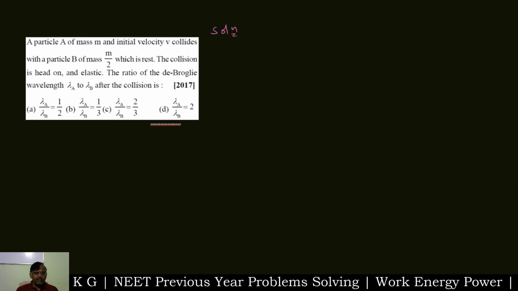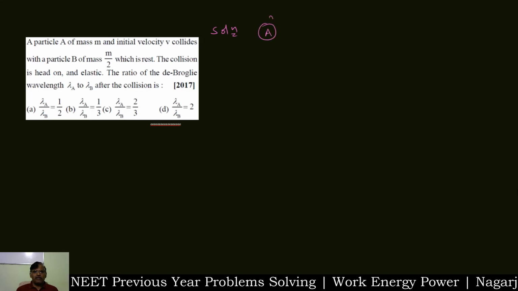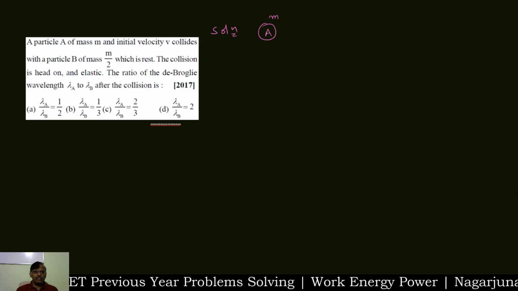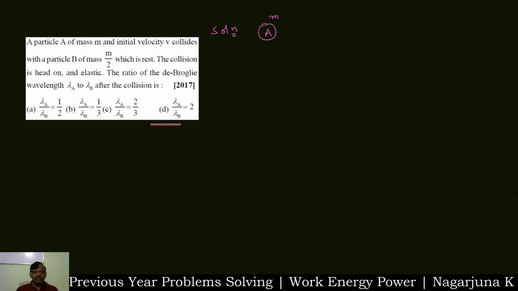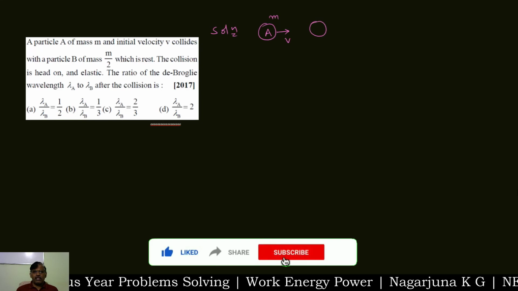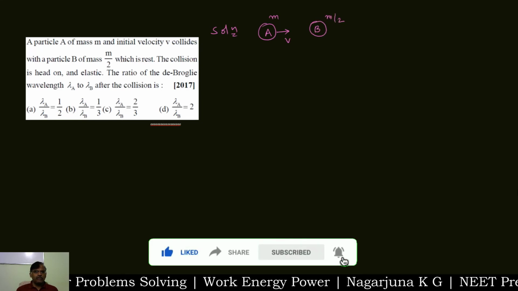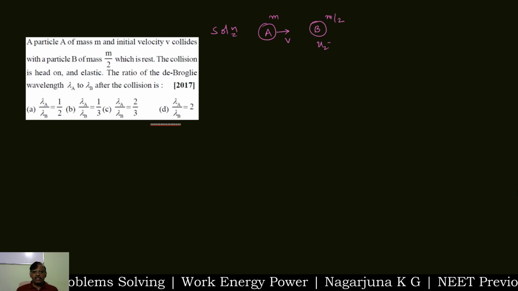In this case, a particle A of mass m is moving with velocity v, and another particle B of mass m by 2 is initially at rest.